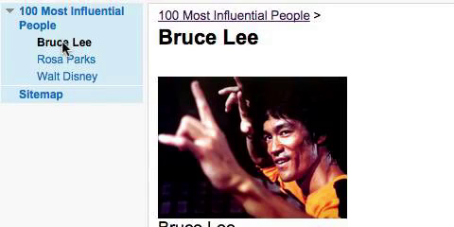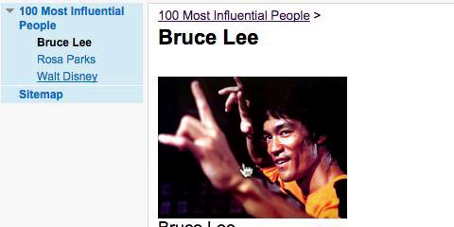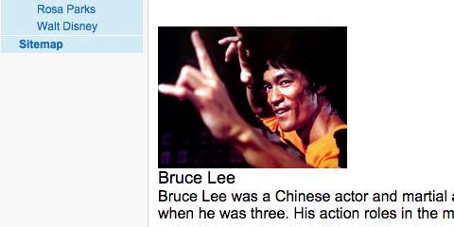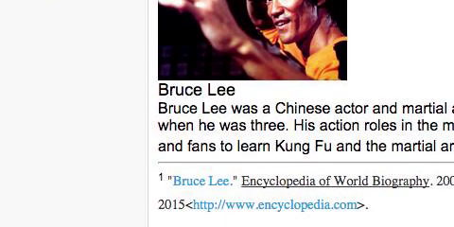Now let's review before you turn in. I have a home page, 100 Most Influential People. I have the 3 people that I chose with their pictures and their names on that home page. I then have a sub page for each one of my pictures, and I have it hyperlinked from the picture and the name to those sub pages. So here I have Bruce Lee, and I have the who, what, when, where, why, and paragraph format of the most influential part of their life right there.